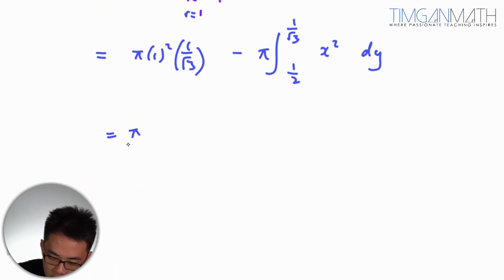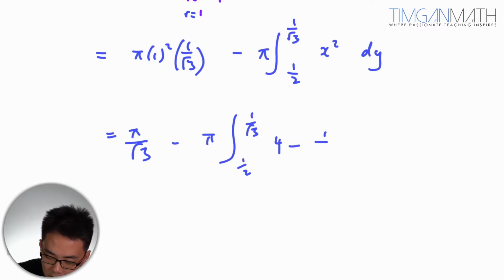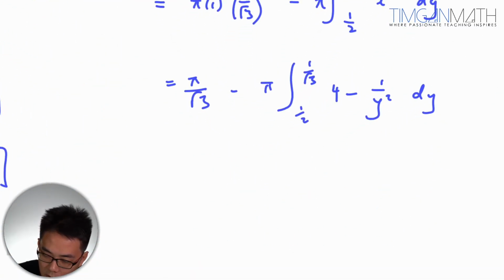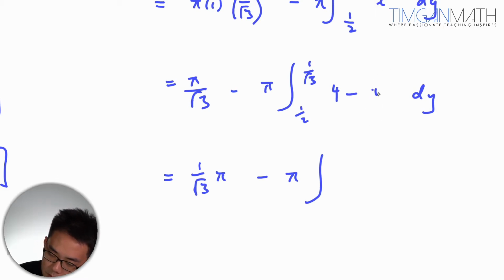So pi, integral from 1/2 to 1 over root 3, 4 minus 1 over y squared. Is it 4 minus, yeah, there you go. So this shouldn't be a problem, I think. I think should be fine. So this is dy. 4y.